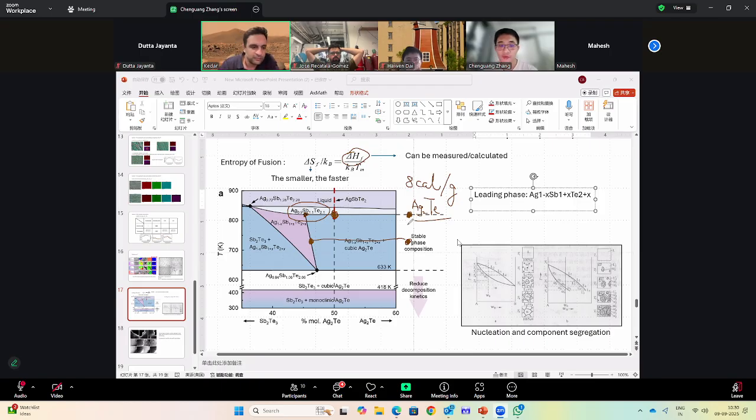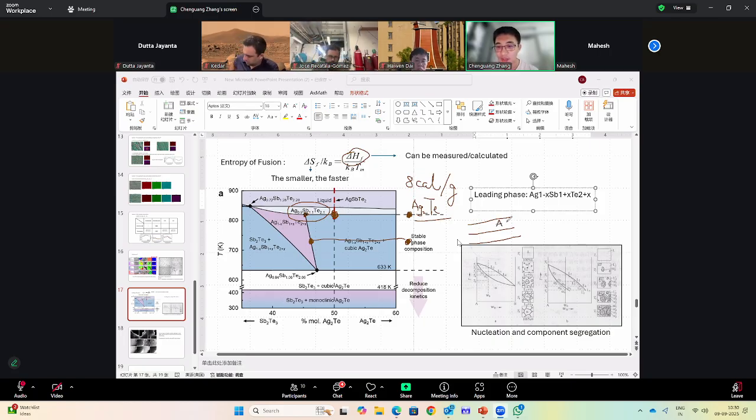Yes, because if you look back at some papers about the antimony and tellurium rich regime, like the silver deficient samples, you might see that the silver antimony telluride and the silver telluride show the lamella structure.